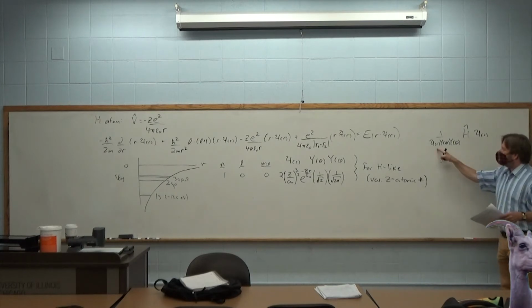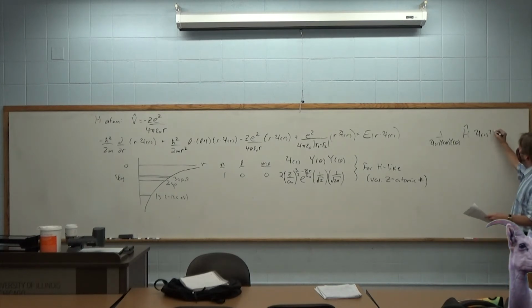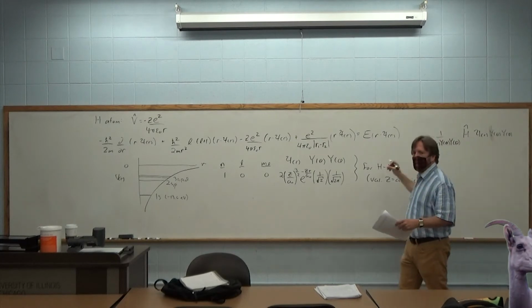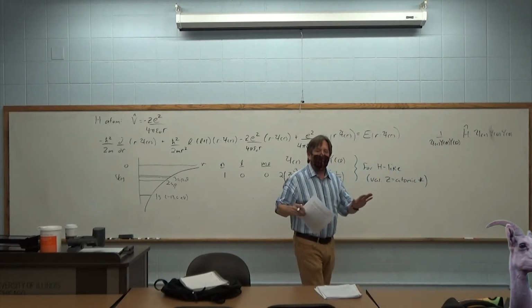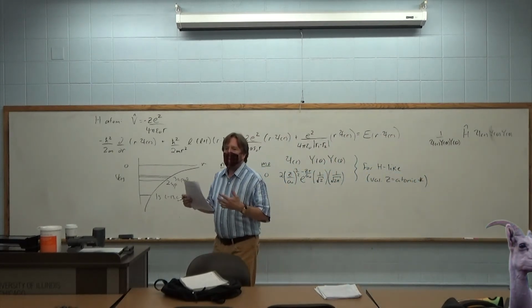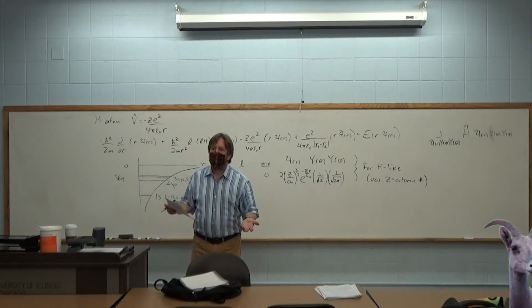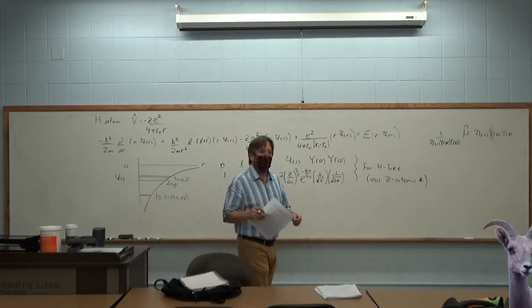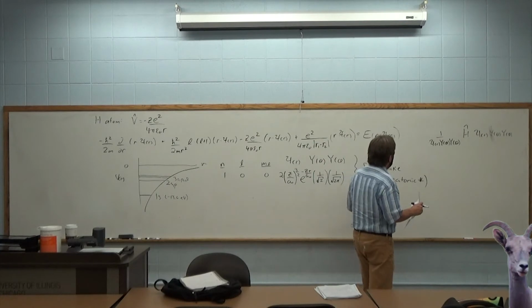Normally I'd say psi r, psi theta, psi phi. Normally you do that, and then you separate terms, and then you solve, then you get many Schrodinger equations, and you solve them.